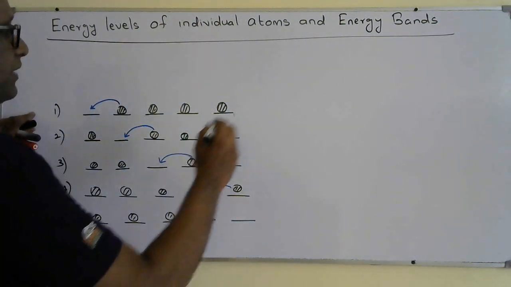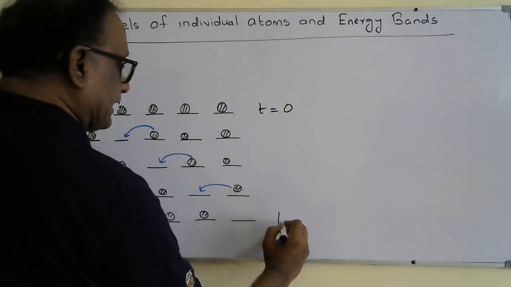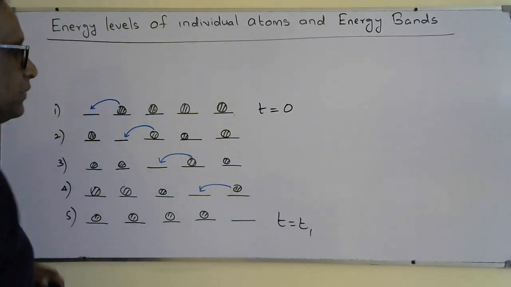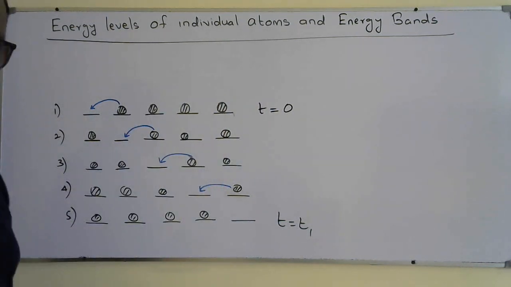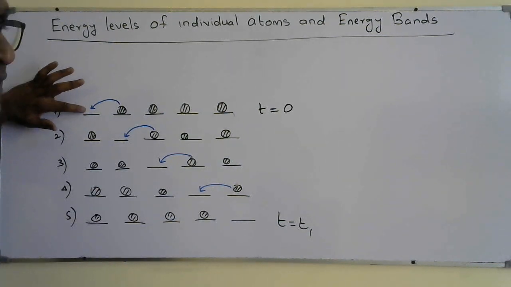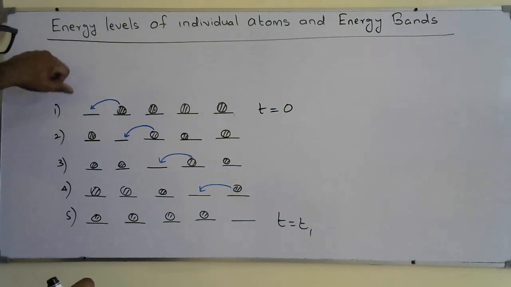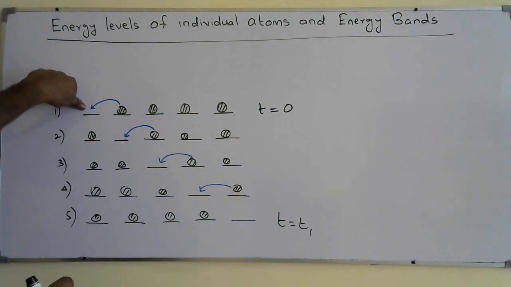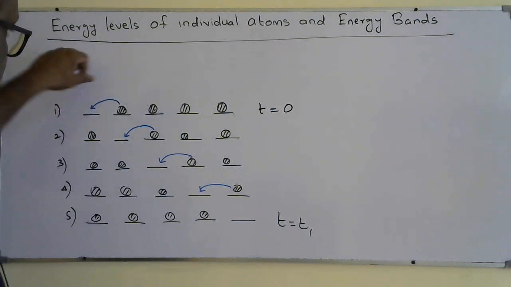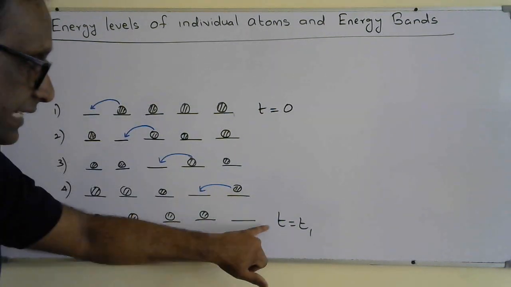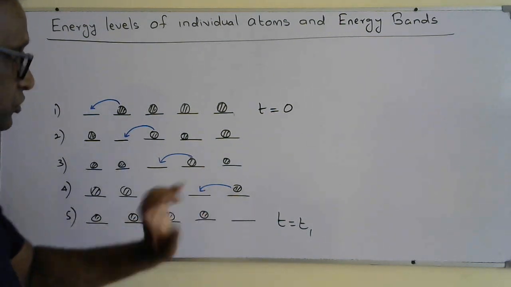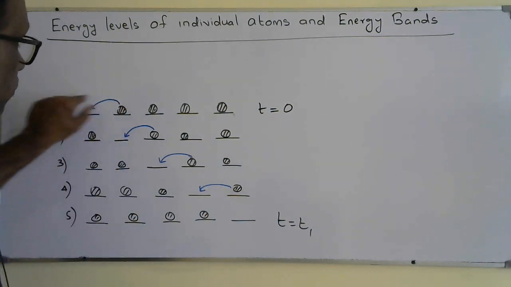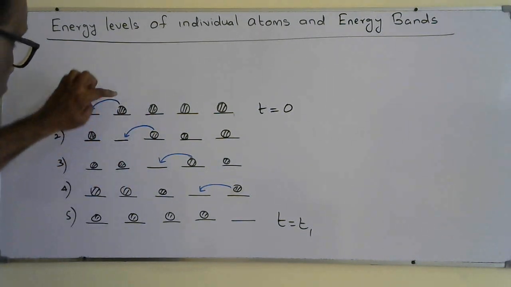Initially, when t equals 0, the vacancy was at the first sheet, and at time t equals t1, the vacancy has gone to the last sheet. So actually what's happening is, the balls are moving towards the left.